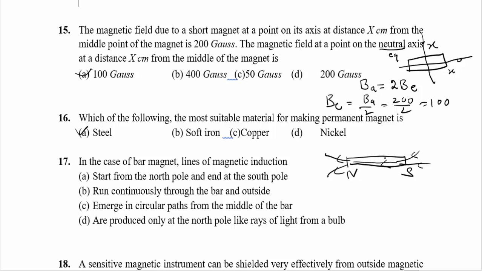That means they do not only start from north and end at south, they travel inside the magnet also. Option B, they go outside as well as come inside. Okay, option is B. Next question.